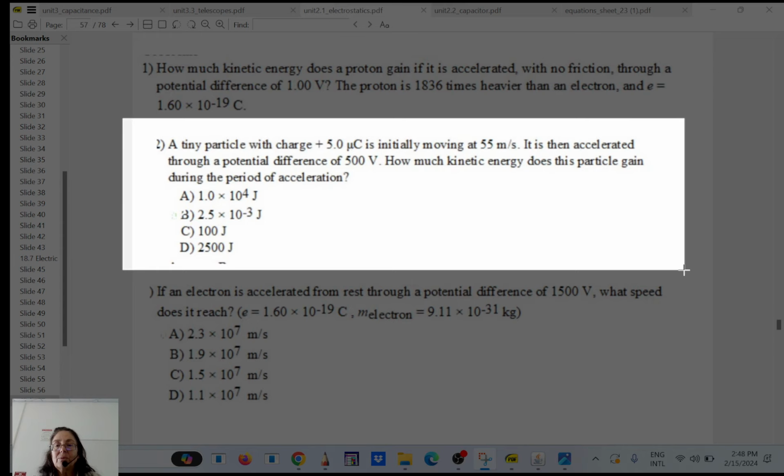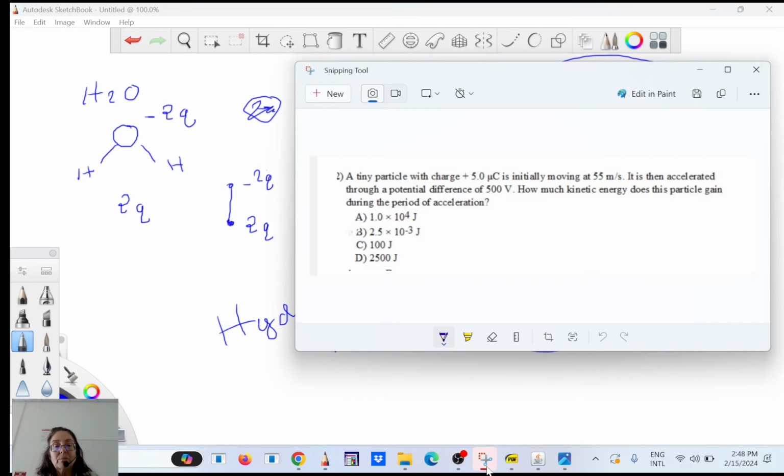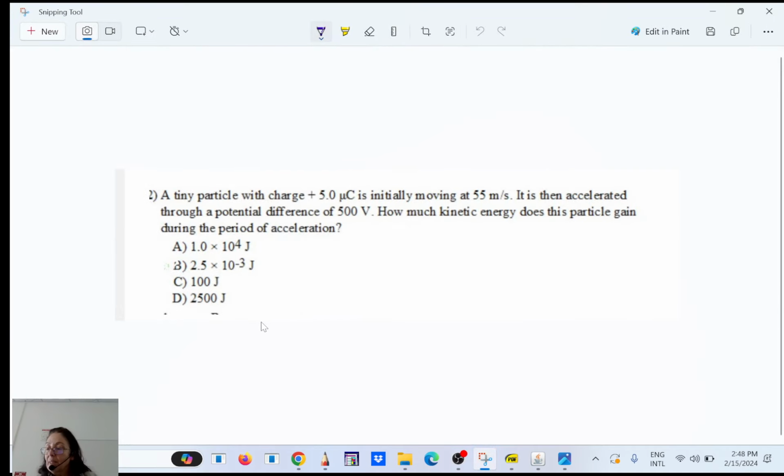Okay, let's do this one. Now you can help each other and try to solve this one, number 2. Here too, they give you TMI.